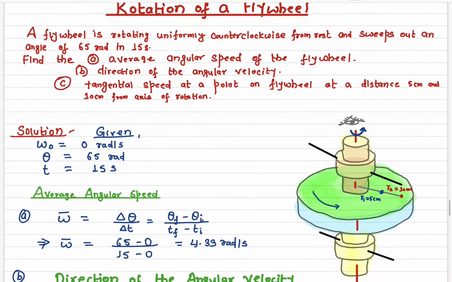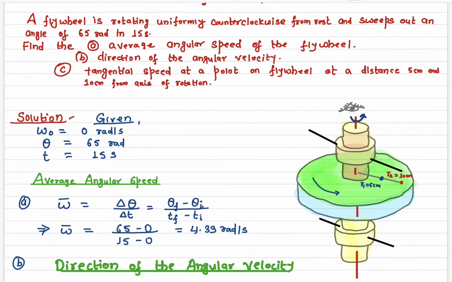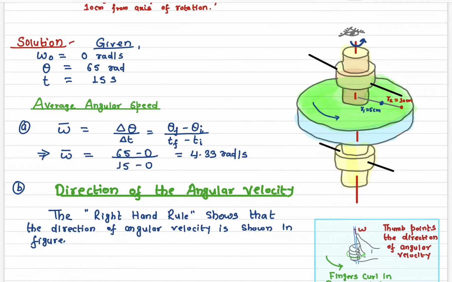From this information we'll calculate the average angular speed. So what is the average angular speed? It is the change in angle divided by the change in time. This is simply like calculating the average linear speed. How do you calculate the average linear speed? The change in distance divided by change in time.